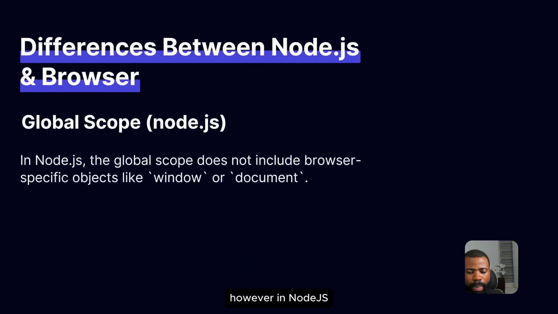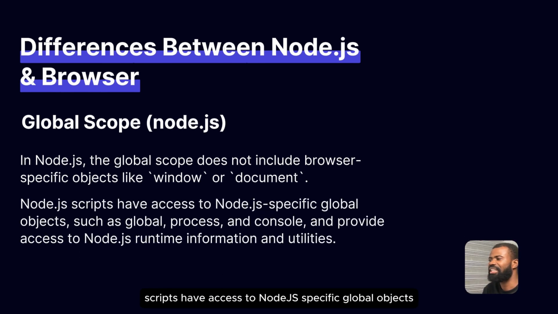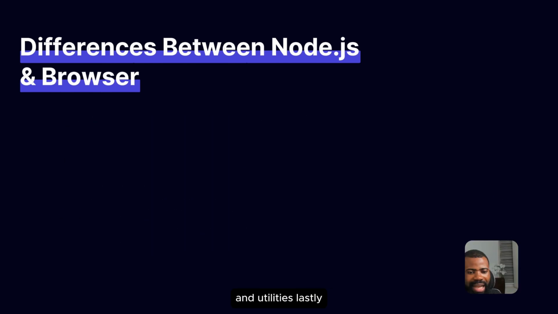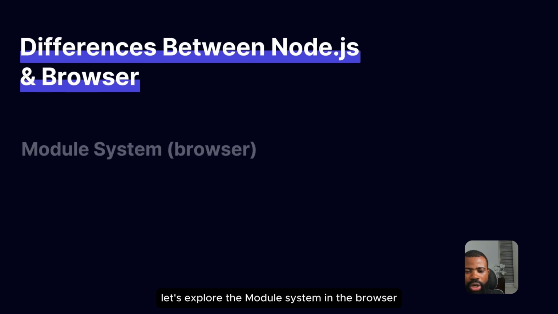However, in Node.js, the global scope does not include browser-specific objects like window or document. Node.js scripts have access to Node.js-specific global objects, such as global, process, and console, which provide access to Node.js runtime information and utilities. Lastly, let's explore the module system.